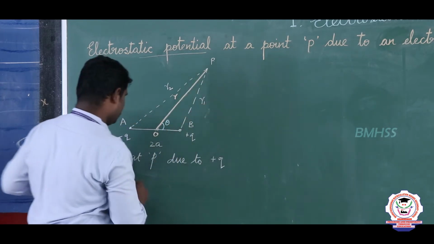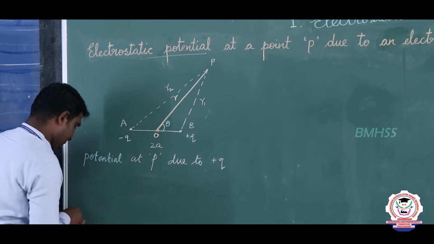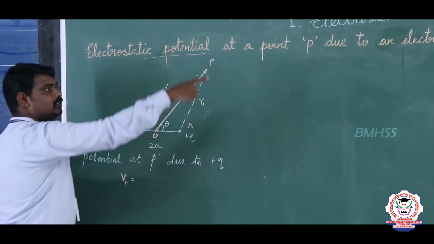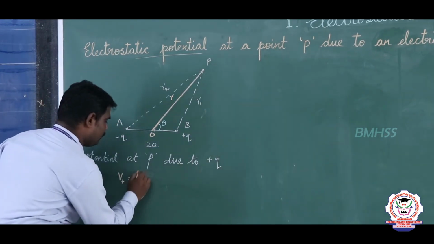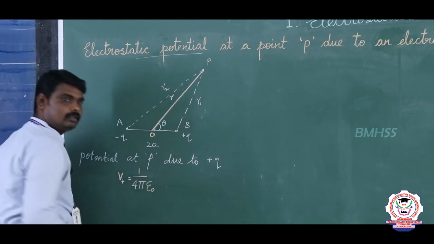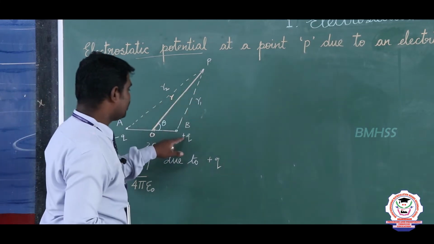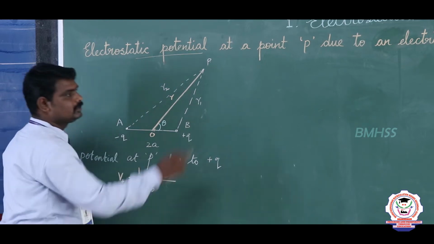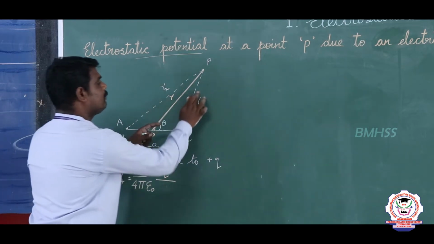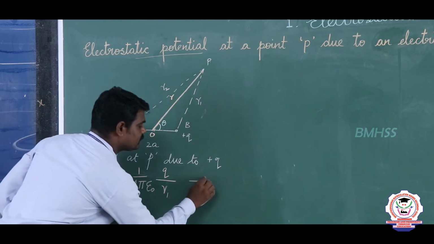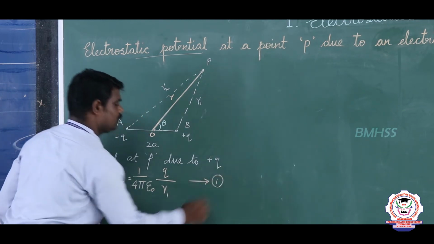It's plus q. So, the potential V plus is equal to, what is the general formula? 1 by 4 pi epsilon naught q divided by the distance. Here I am taking the distance as r1. So, V plus is equal to 1 by 4 pi epsilon naught q by r1. This is equation number 1.